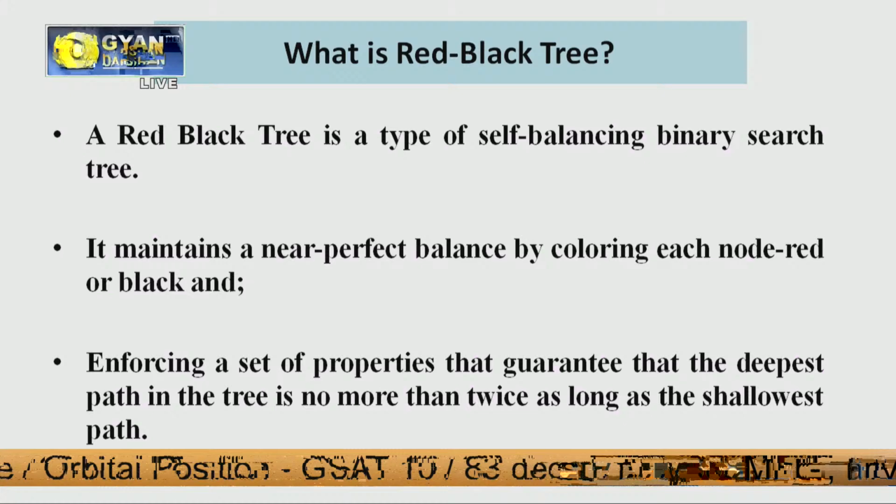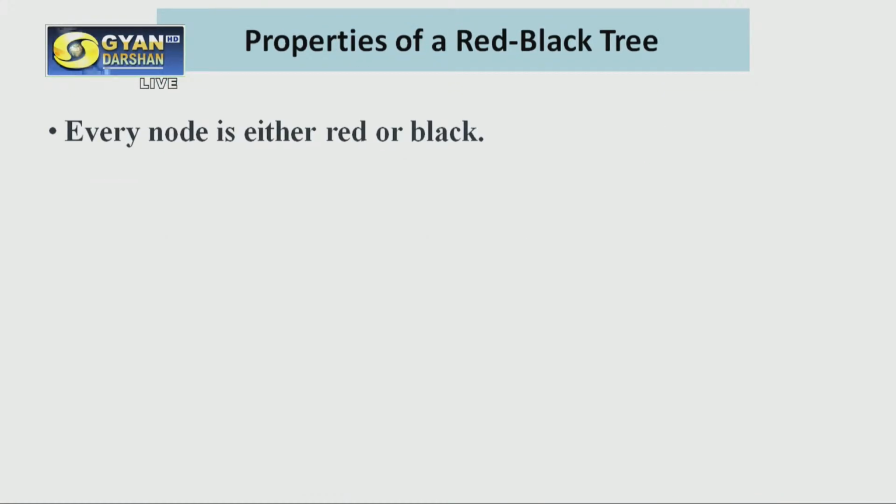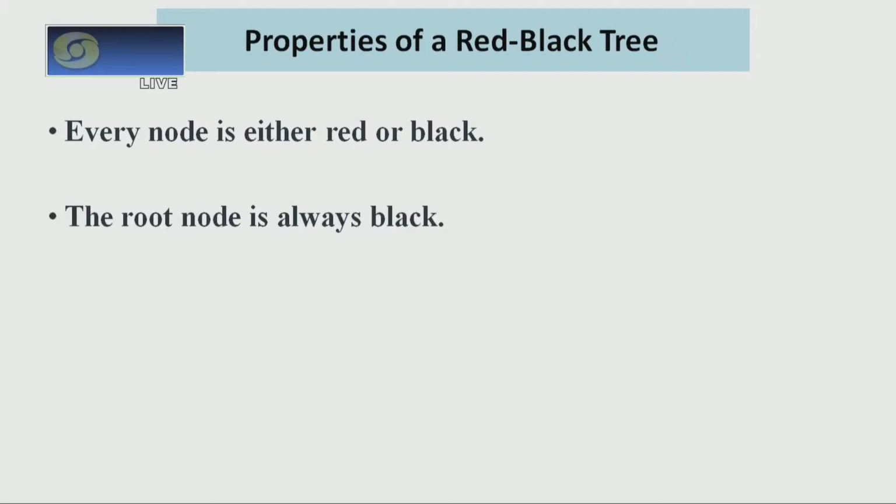So this is the first property, and there are many other properties. As I told, each of the nodes is either red or black, and the root of the red black tree is black.